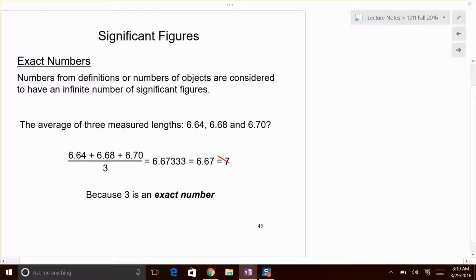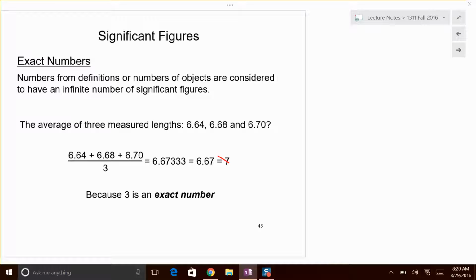Okay, exact numbers. So we'll run into numbers sometimes that we consider exact numbers that are a result of counting instead of the result of measuring something with a measuring device. If you count something, then there's no uncertainty in how much you have.